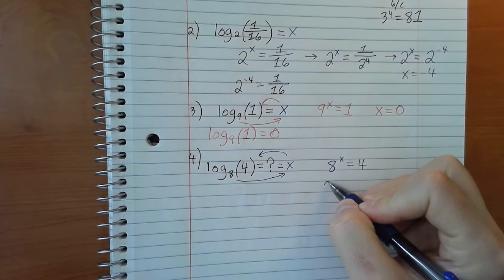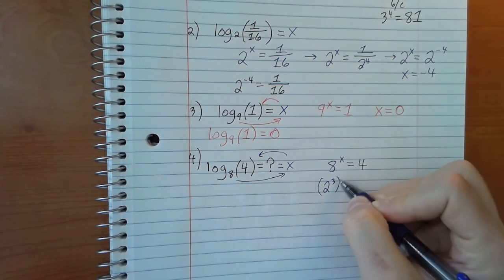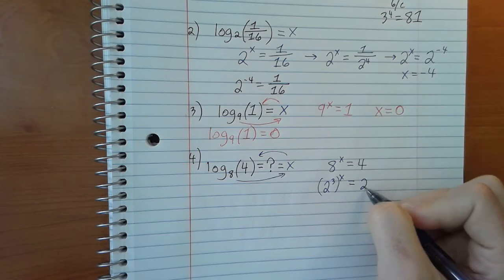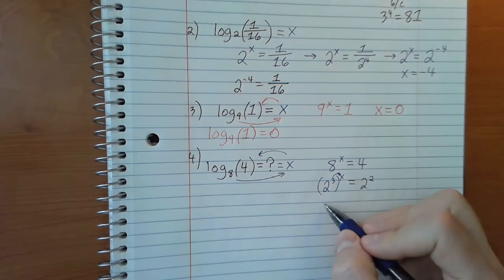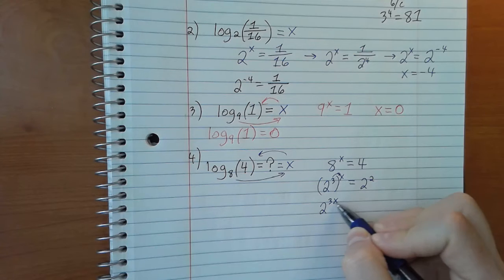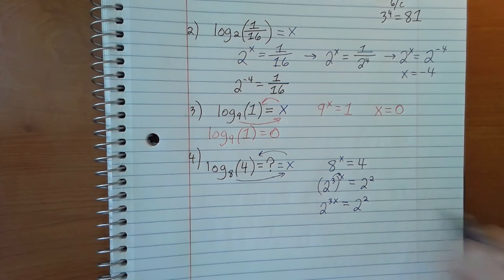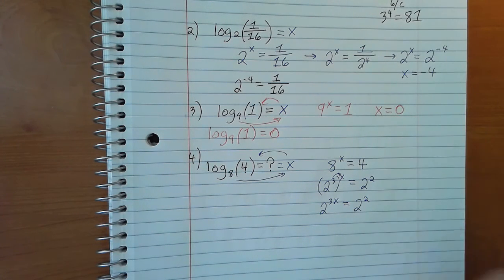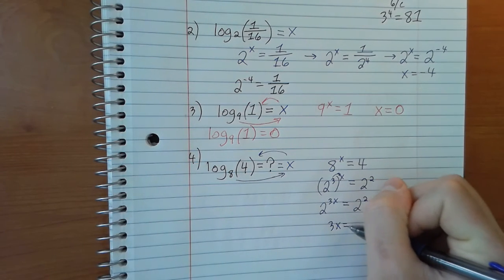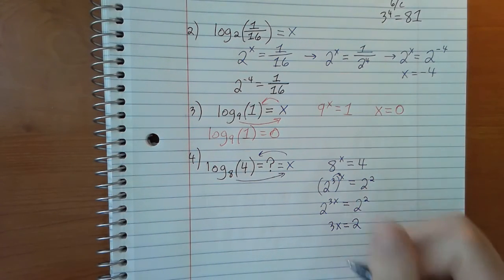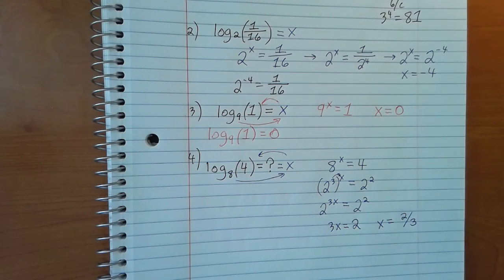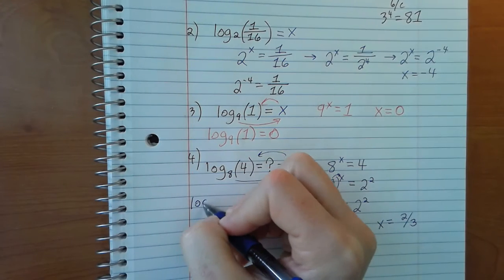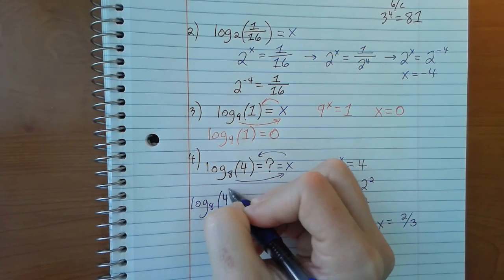I could write 8 as 2 to the third and 4 as 2 squared, and then it's using exponential equation skills. 3 times x would make it so I have 2 to the 3x equals 2 to the second. If those 2's are the same, that means that 3x and 2 are equal to each other. And that means that x is equal to 2/3, meaning that our original problem, log base 8 of 4, is equal to 2/3.